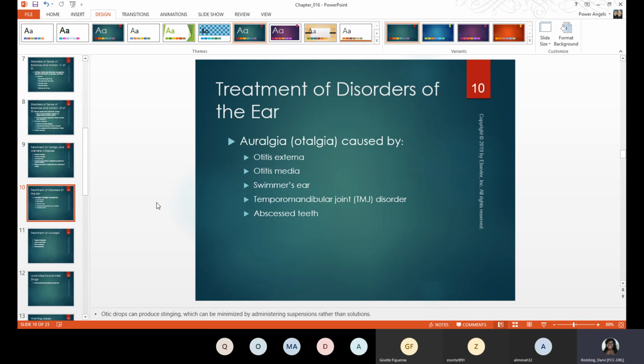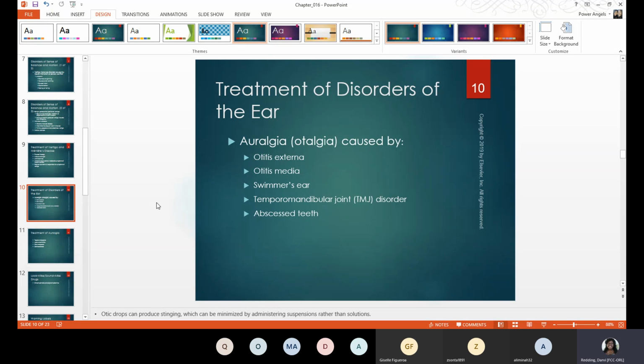So when you hear the term suspensions or solutions, that represents a liquid. When medications are prescribed, there are different medications that could assist the patient in some of their disorders. And when a prescription is prescribed for either an eardrop or an eye drop, those come available in either a suspension or a solution.